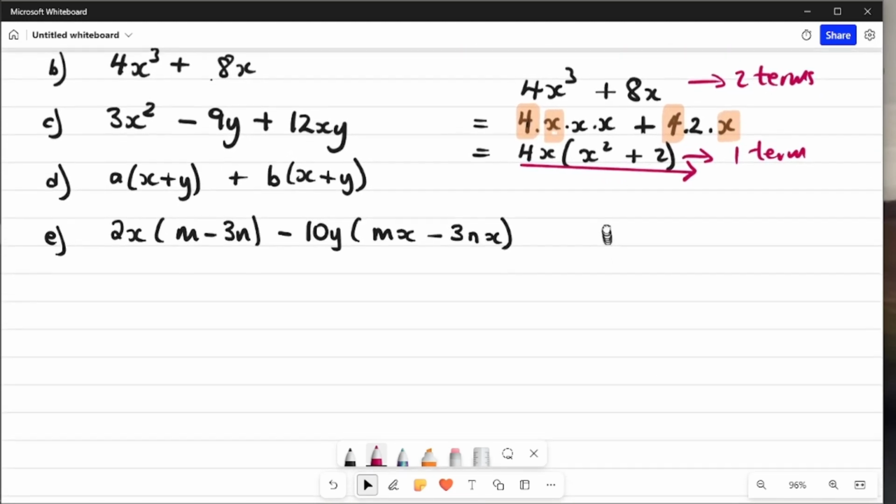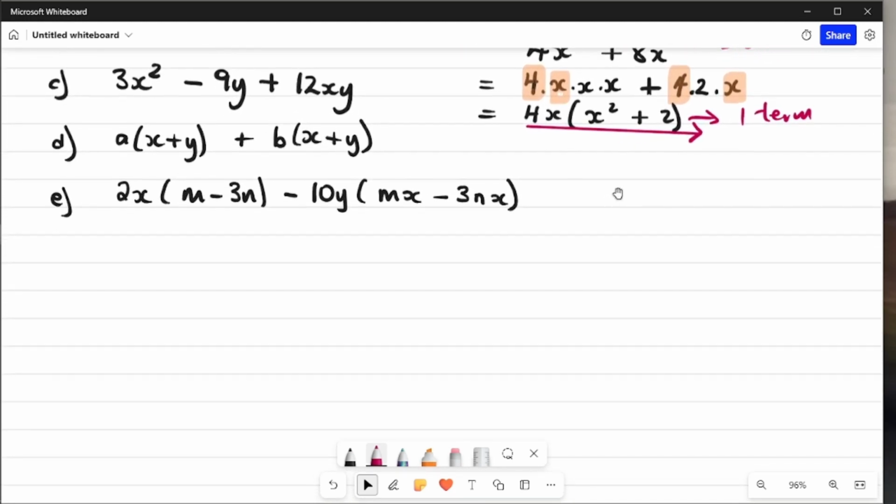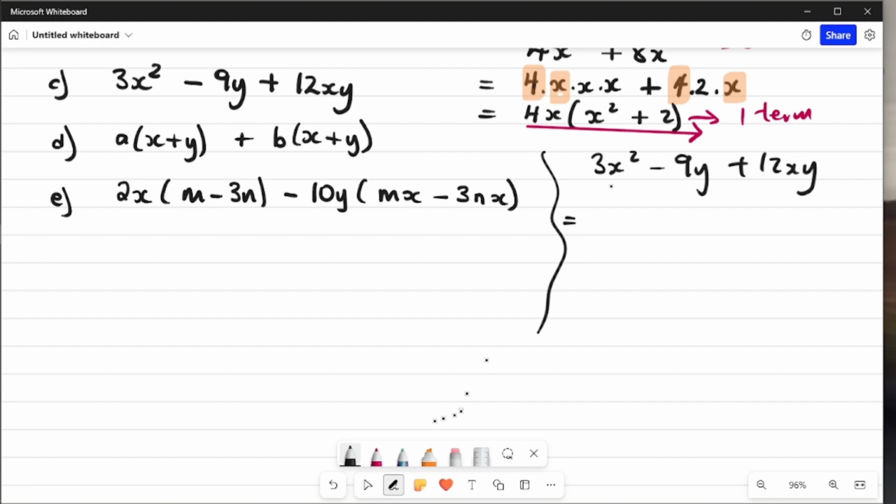Moving on to question C, we have the expression given as 3x squared minus 9y plus 12xy. Now, by taking out a common factor between our terms, I want you to notice that x is not common in our terms because we do not have x in the second term.